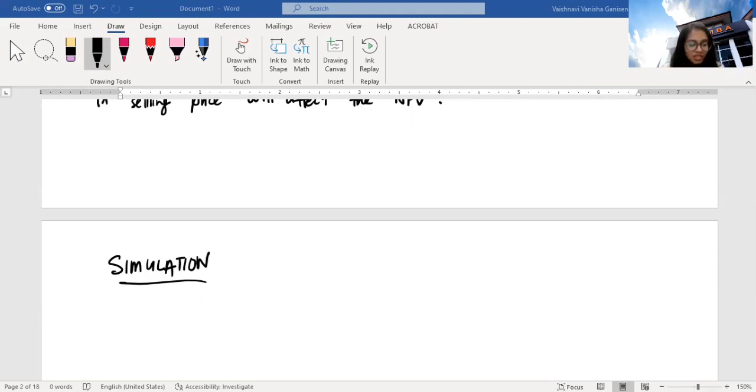As a result of that, this simulation model will take into account the interrelationship of variables.